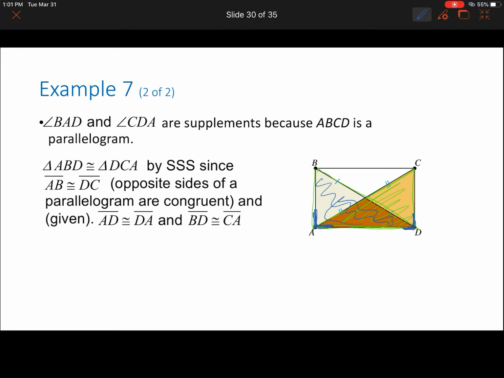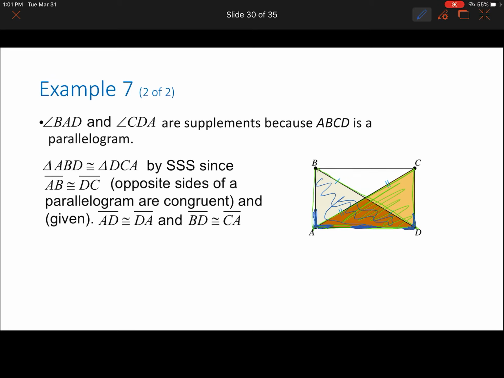If we can show that those two are the same, then we're going to be able to show that there's two right angles. And so there's supplements. So these two angles here, BAD and CDA, these two angles are supplements because they're a parallelogram, which is also a trapezoid.